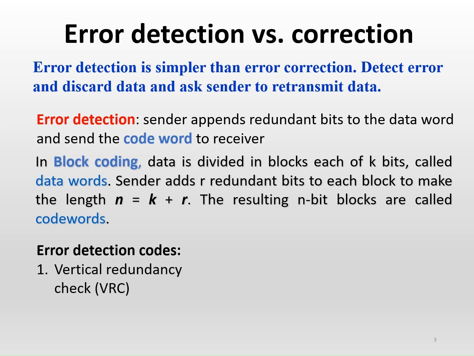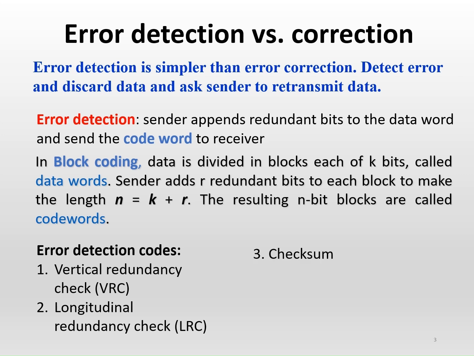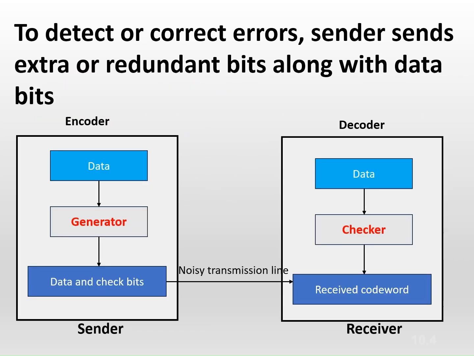So we are going to see today about vertical redundancy check, VRC code, longitudinal redundancy check, LRC, then checksum, and then cyclic redundancy check. And they are listed in order of their capability. Vertical redundancy check is the basic one, not capable of detecting all kinds of error. Longitudinal check is better, then checksum, and then the cyclic redundancy check.